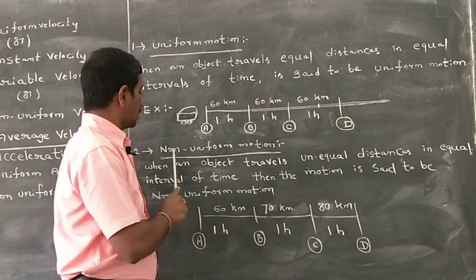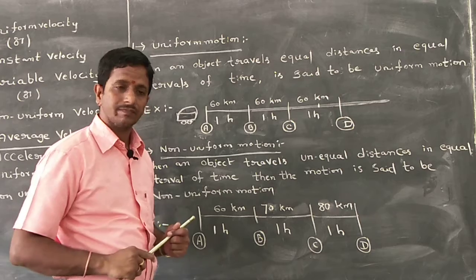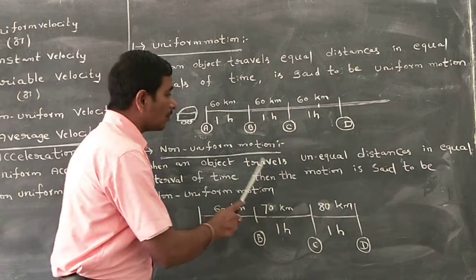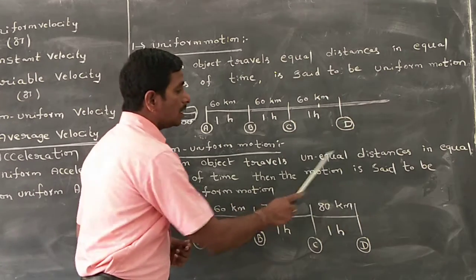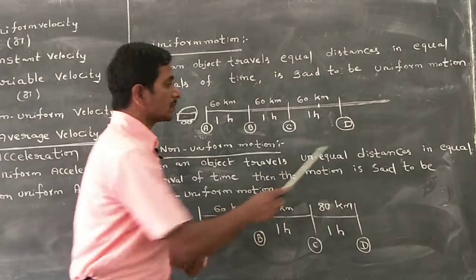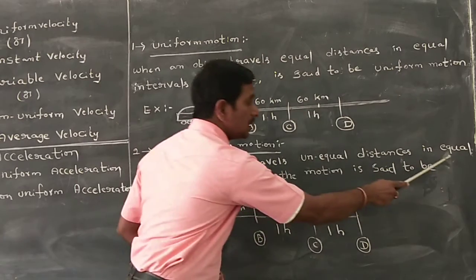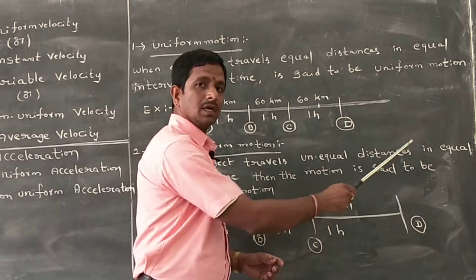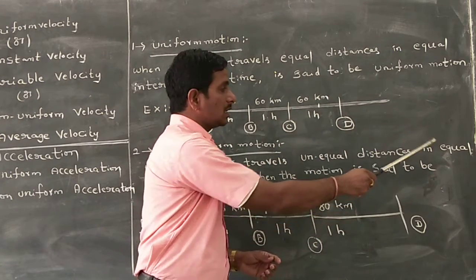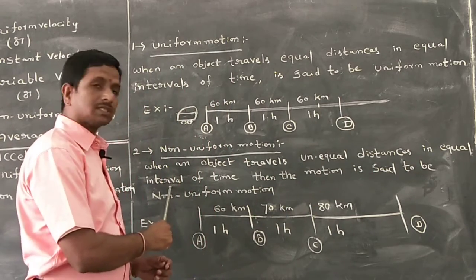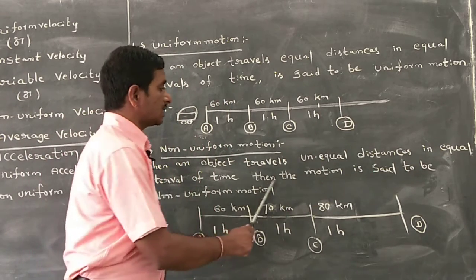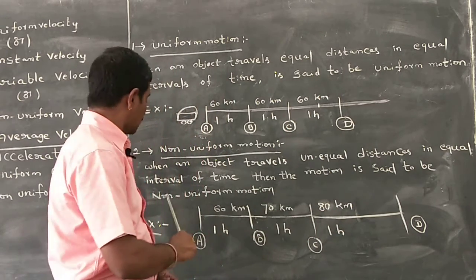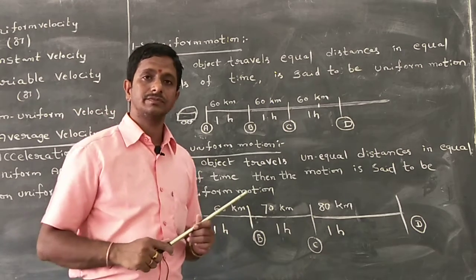Now, non-uniform motion. When an object travels unequal distances in equal intervals of time, then the motion is said to be non-uniform motion.